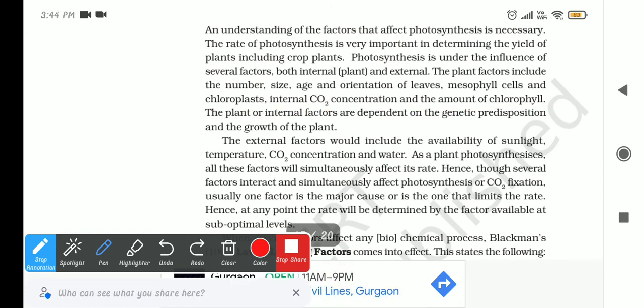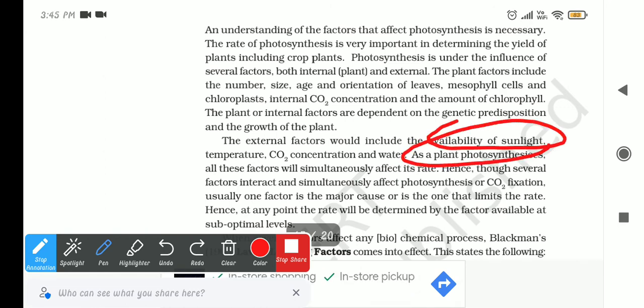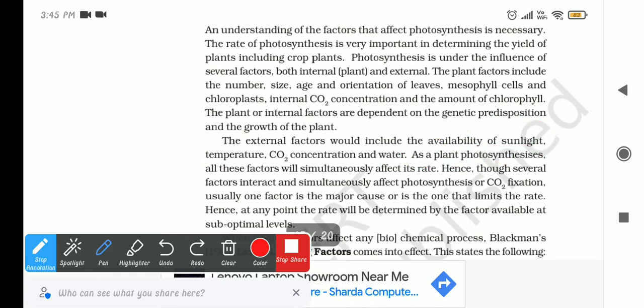The external factors include the availability of sunlight, that is how much sunlight is available or not. Temperature also matters, because it affects the rate. CO2 concentration, whether the concentration is high or low, and whether water is supplied or not.